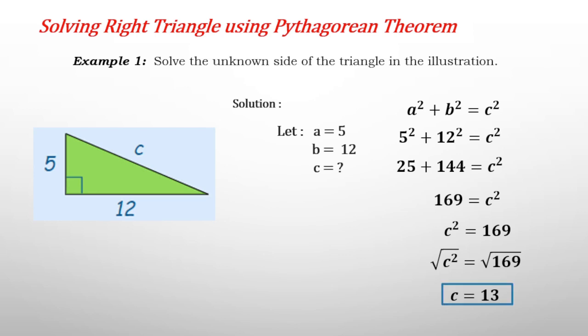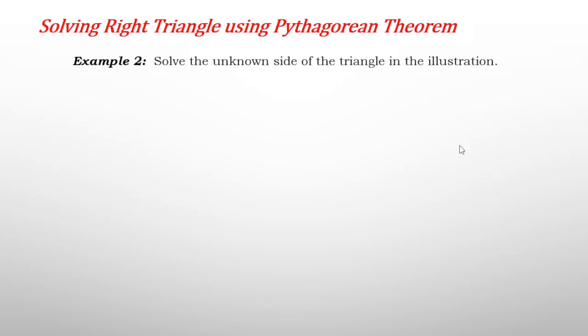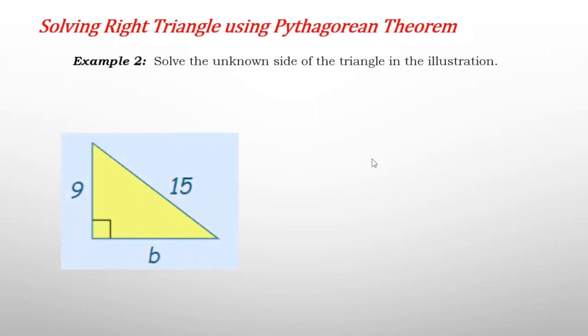Then we can say that the value of C, our hypotenuse in the given triangle, is equal to 13. Example number 2. Solve the unknown side of a triangle in the illustration. So this is our illustration, with an unknown for one leg of a right triangle, the other leg measures 9, and the hypotenuse of the right triangle is 15.